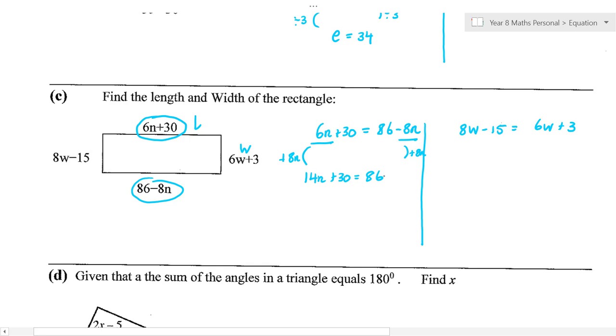Now what we can do is, what's the thing furthest from 14n? That's 30. So we need to subtract 30 from both sides. The numbers might be a little bit bigger because you've got a calculator in these sort of things, which is 14n is equal to 56, and 14 times 4 is 56, so n is equal to 4.